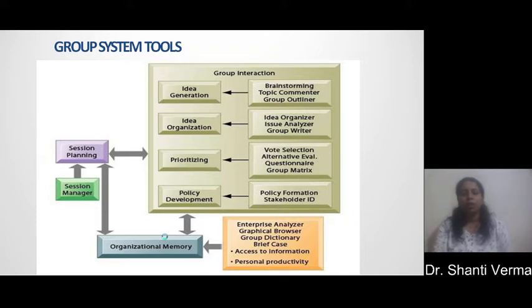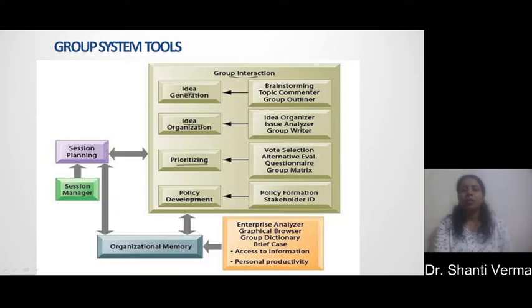As you see in the figure, there is a group interaction. In this group interaction, there are four methods: idea generation, idea organization, prioritizing, and policy development.